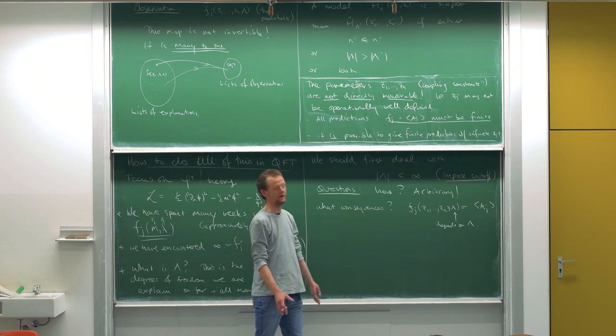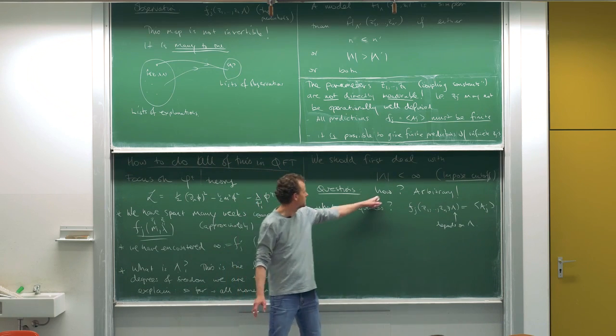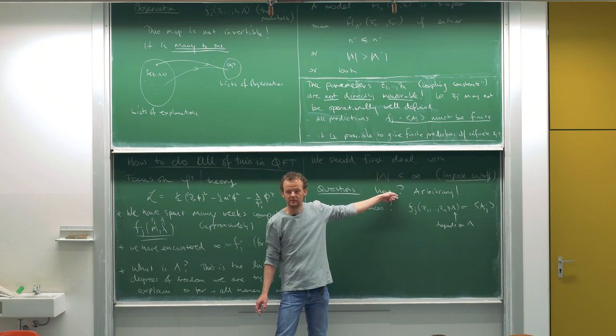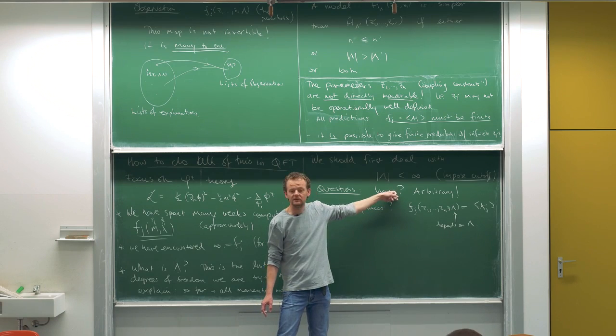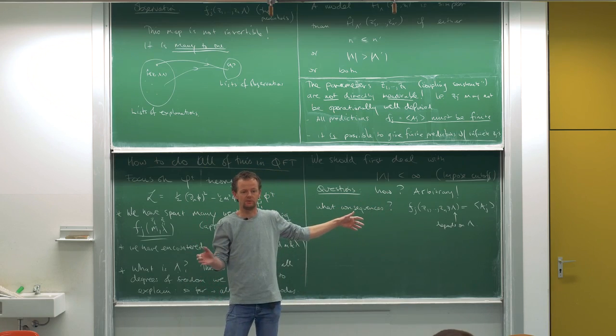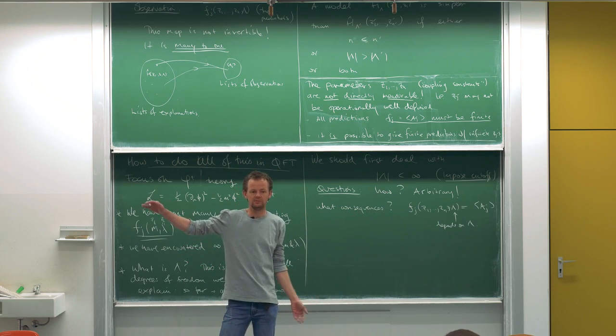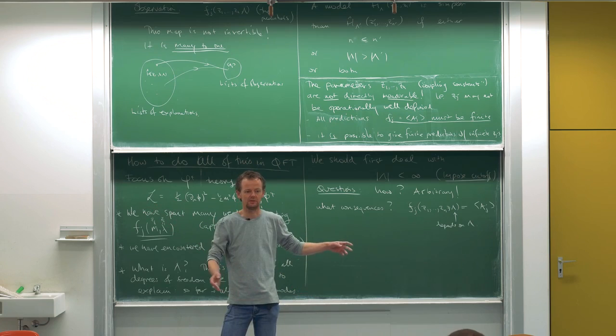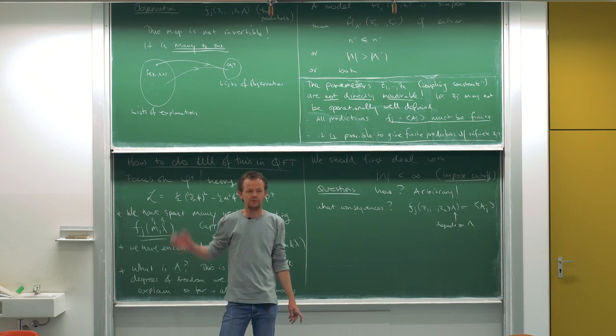And it's pretty clear from the first question that we're going to have to deal with something relatively fundamental here, because there are multiple ways to cut off a theory. There are multiple ways to say, I'm going to deal with a finite number of degrees of freedom. You could cut off in momentum space, you could cut off in real space, you could cut off somewhere halfway between.